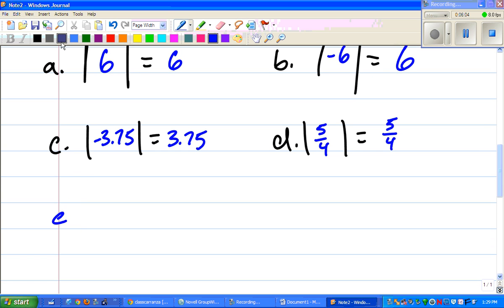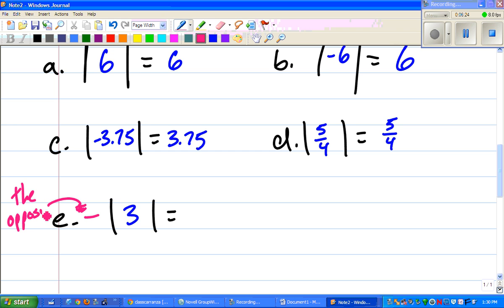Now, let's get to some of the tricky ones. We have the number 3, but there's a negative on the outside. Now, what this negative sign is saying is the opposite. So, what is the opposite of the absolute value of 3? Well, the absolute value of 3 is 3, but I want to know what the opposite of that is.